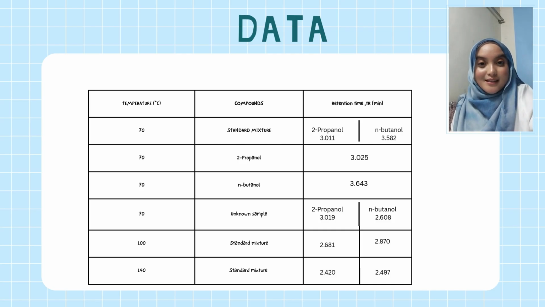We also tested an unknown sample at 70 degrees Celsius, and the results show retention times of 3.019 minutes for 2-propanol and 2.608 minutes for N-butanol. This indicates that the unknown contains both compounds but in slightly different proportions compared to the standards. Finally, we observe how increasing the column temperature affects the retention times.